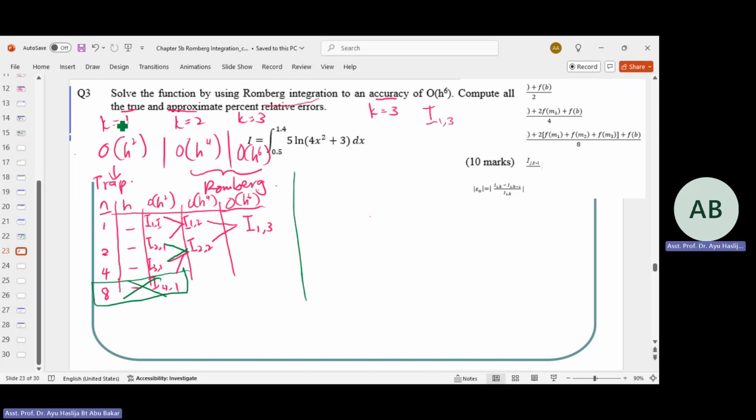Next, I will advise you to at least sketch so that you can see what are the points that you need. A, B, maximum 4 segments. Here you will have midpoint number 1, midpoint number 2, midpoint number 3. That's what we did yesterday.